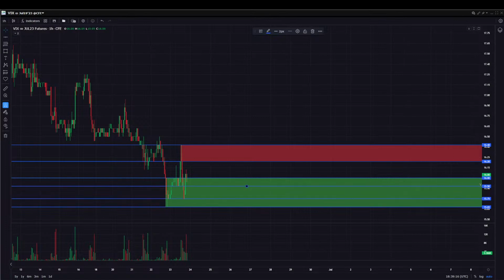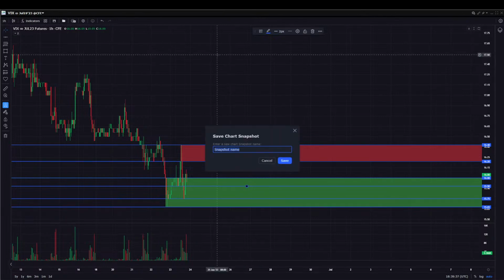VIX is an expensive future contract, so these points are a lot. It might look like small numbers, but they're pretty significant. They go by 0.05s. That is what a tick is on VIX. So those are my levels on VIX.